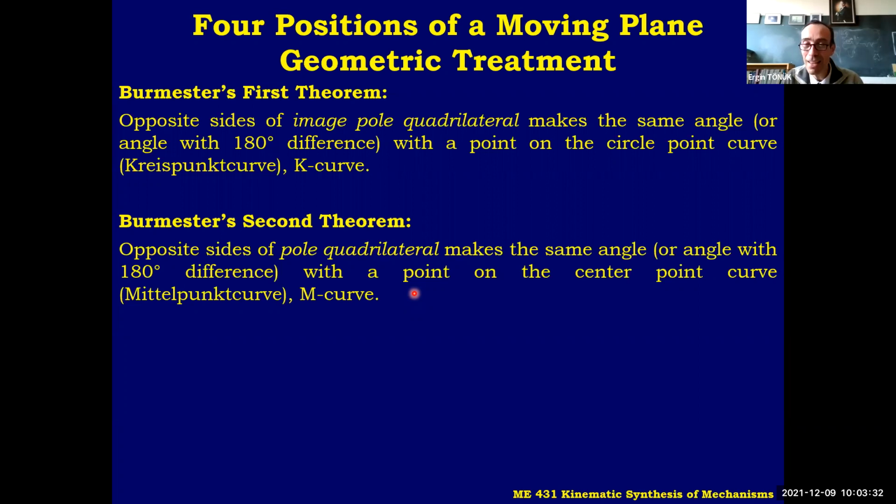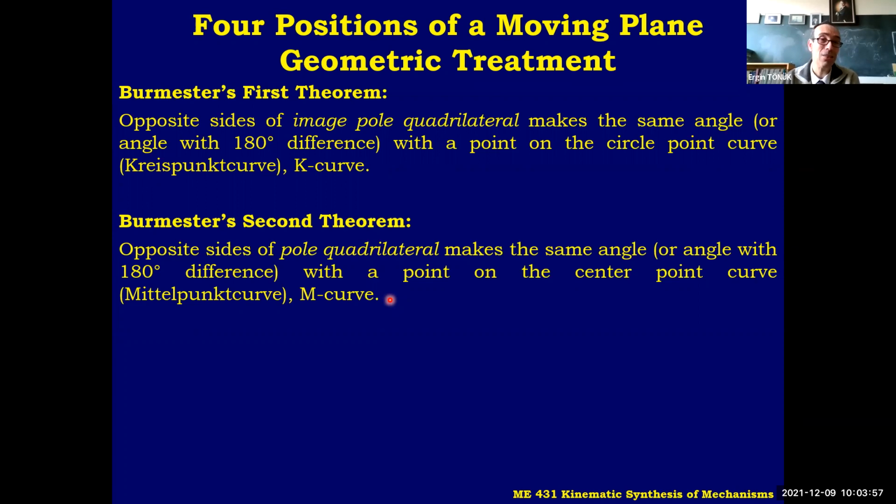Yes, exactly, Ege. Circle and center points switch the roles. When I fix it in any position, the K curve will become a fixed curve, but the M curve is going to move in the opposite sense with the fixed plane, which was fixed but moving. That's true.